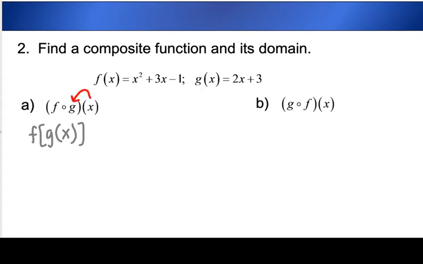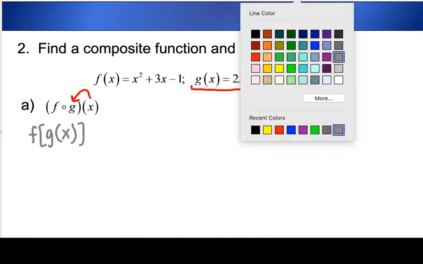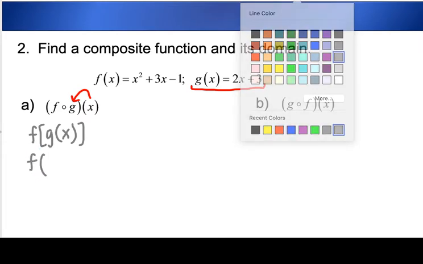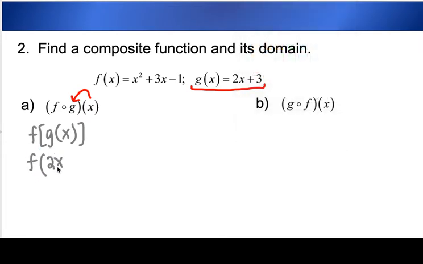You put an x into the g function, and that's what you get. I like to write it like this, where I have f of g of x is the same thing as f of, and then whatever g of x is. G of x is 2x plus 3. We're going to put a 2x plus 3 into the f function everywhere we see an x.